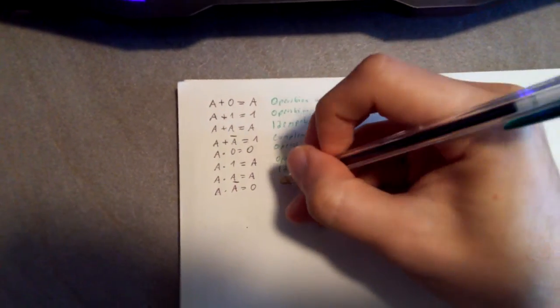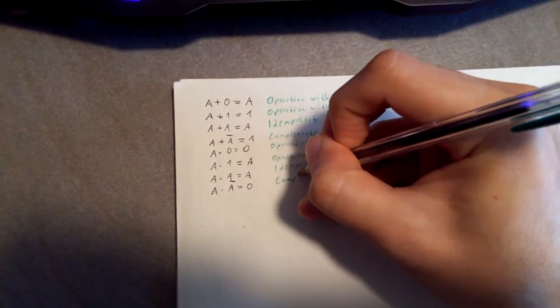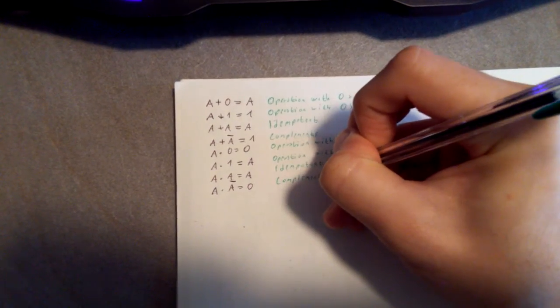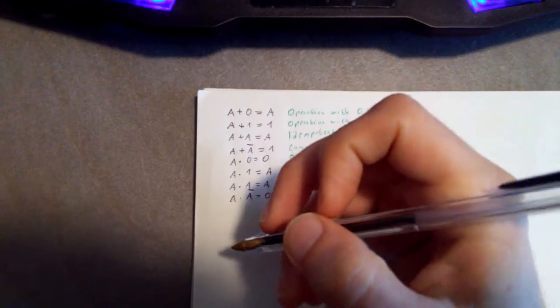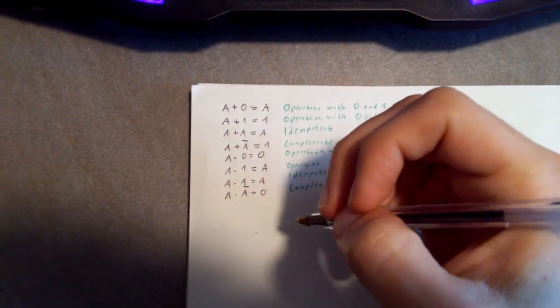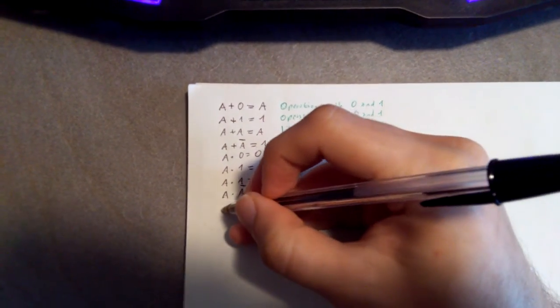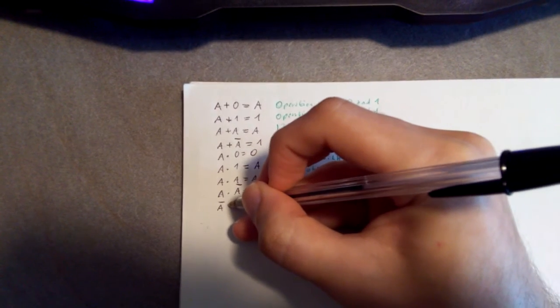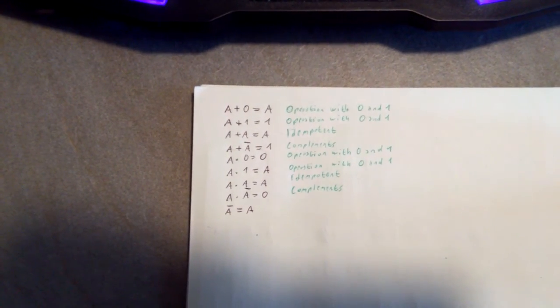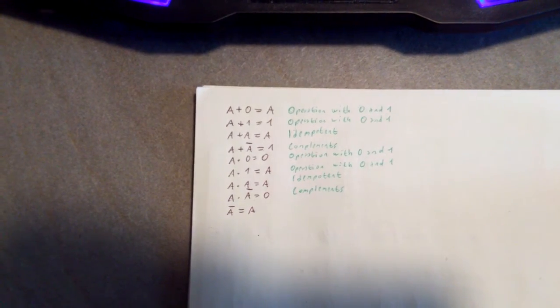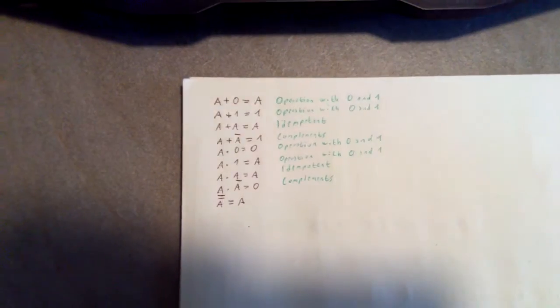This is a complement property. And then we have that a naught naught is equal to a, if we have a not.